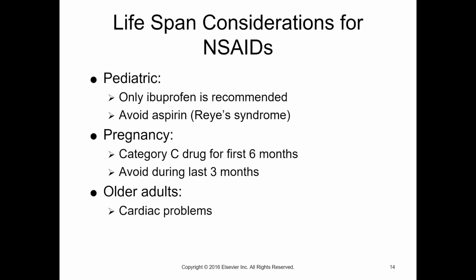Pregnancy, it's generally suggested to avoid during the first 6 months. It's category C, meaning that there are some known risks, but there's realistically risks to almost every drug in pregnancy. There's also some mounting evidence available from the NIH out of England.